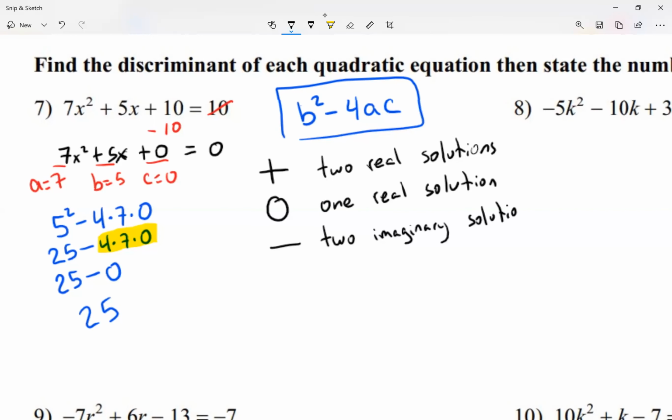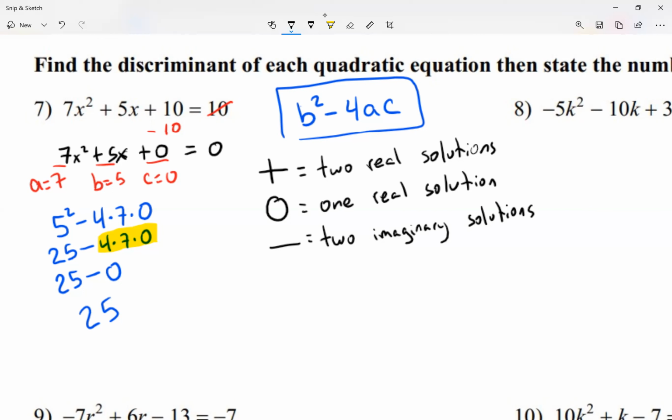So this is what I expect you to type in. My discriminant is positive. I expect you to type in 2 real solutions. Notice it's all lowercase. If my discriminant is 0, I expect you to type in 1 real solution. And if my discriminant is negative, I expect you to type in 2 imaginary solutions.